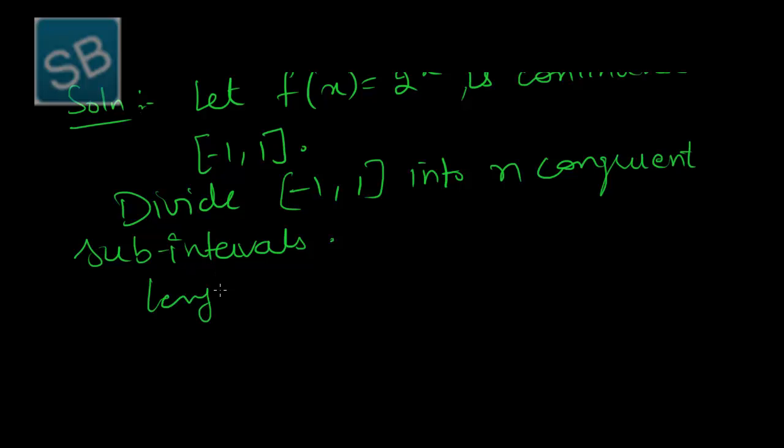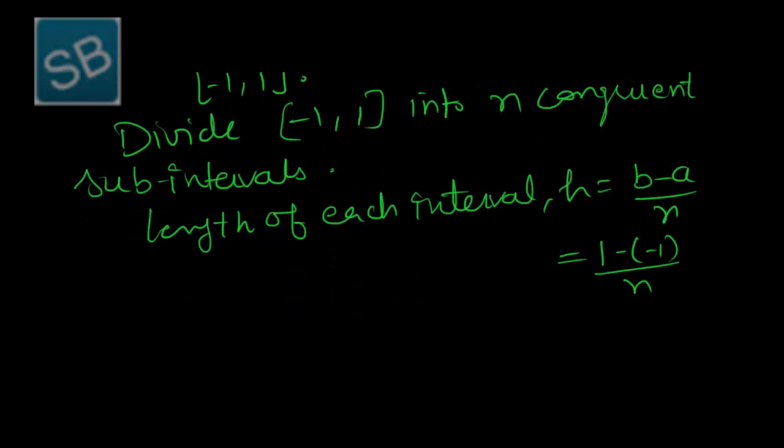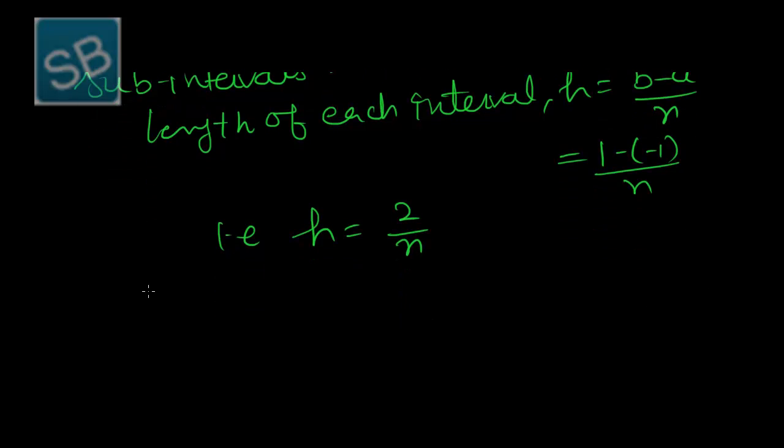The length of each interval, that is h, is equal to (b minus a) over n, that is (1 minus (minus 1)) over n, that is h is equal to 2 over n. Here a is equal to minus 1 and b is equal to 1, because they are minus 1 to 1, so a is minus 1.